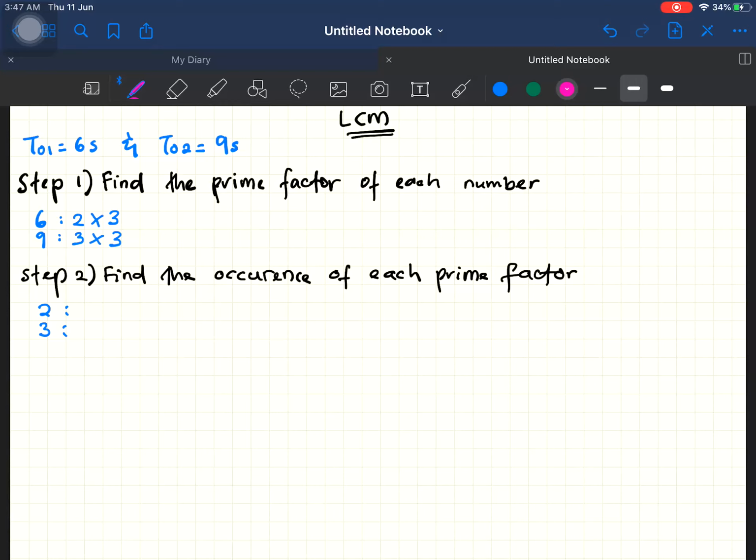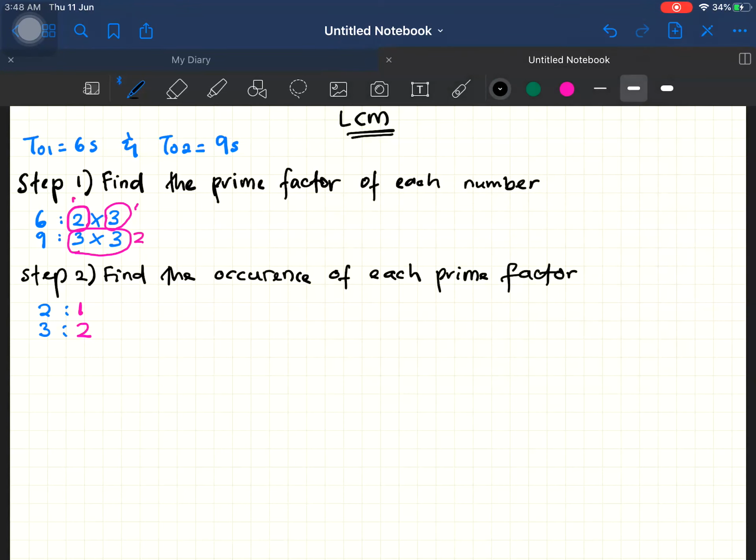Number 2 occurs only here, only one time, so for number 2 the maximum occurrence is 1. Number 3 occurs here one time, but also occurs at number 9, 2 times. So for prime factor 3, the maximum occurrence is 2.